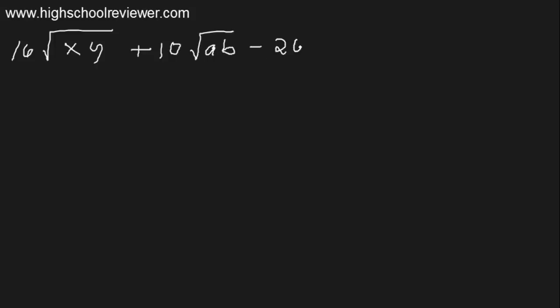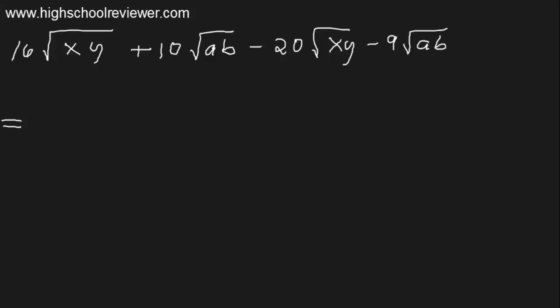Our next problem, we will have positive 16 square root of xy plus positive 10 square root of ab minus 20 square root of xy minus 9 square root of ab. Looking at the problem, we can see that we have two types of radicands.